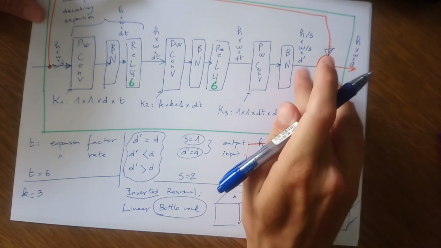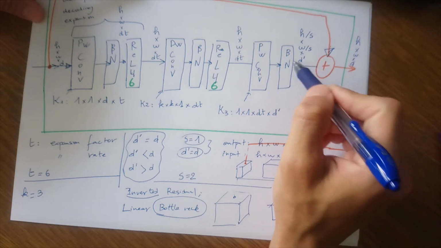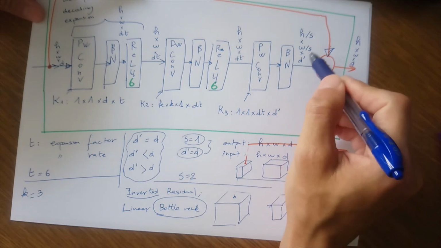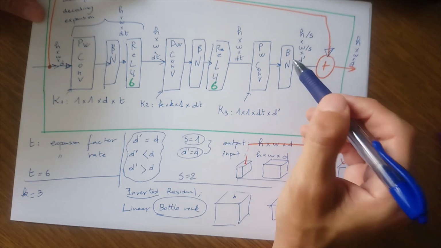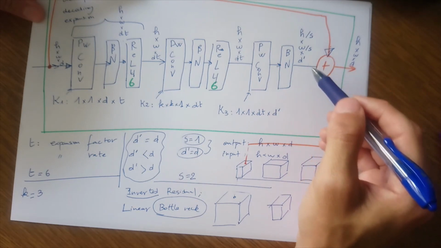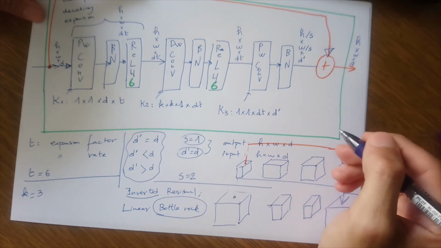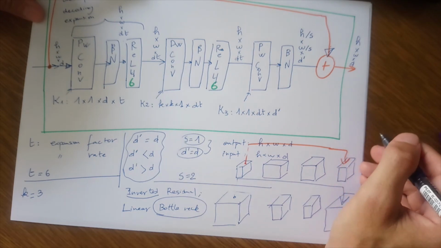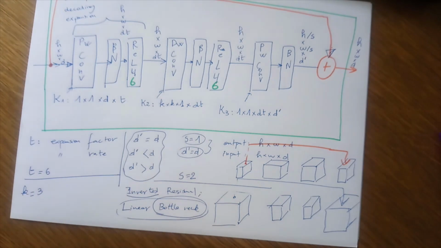But in this bottleneck, we do not apply a non-linear function on the output, which is thin. We do not apply a non-linear activation on the bottleneck layer here. When we do not apply such non-linearity, we call it a linear bottleneck. So this is why they call it linear bottleneck.